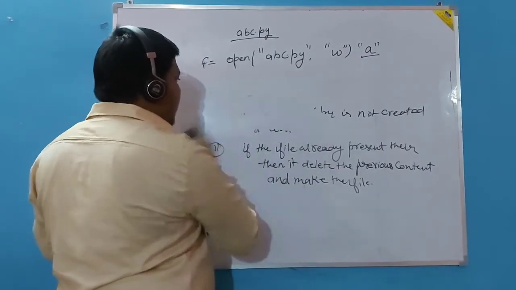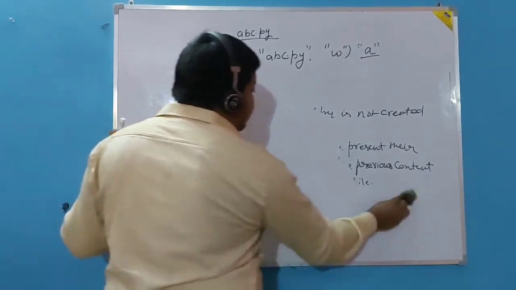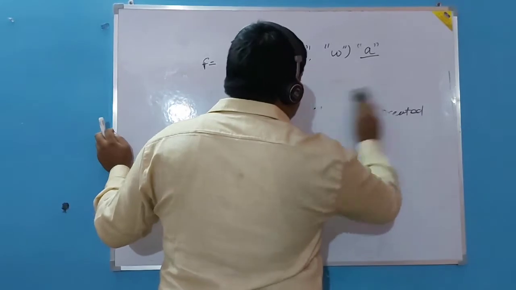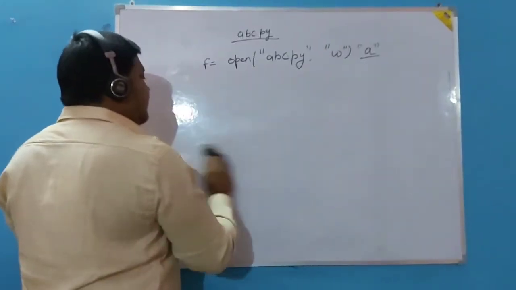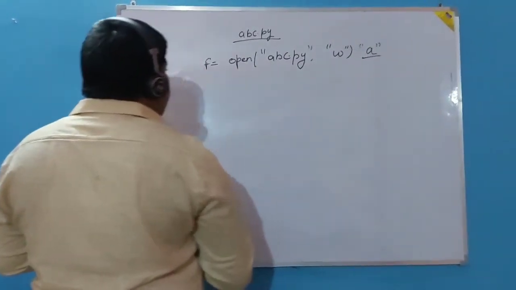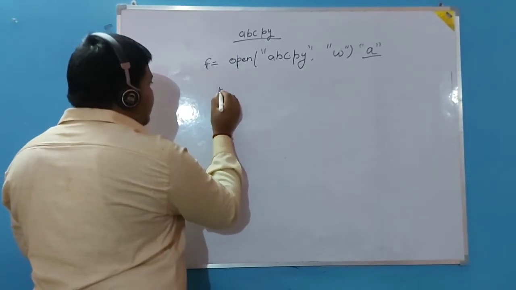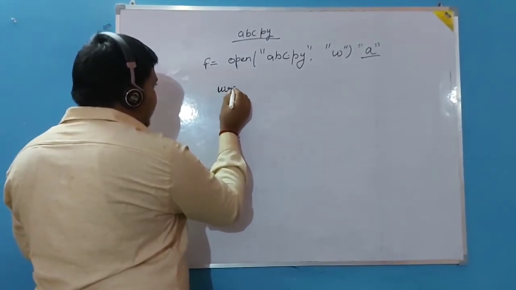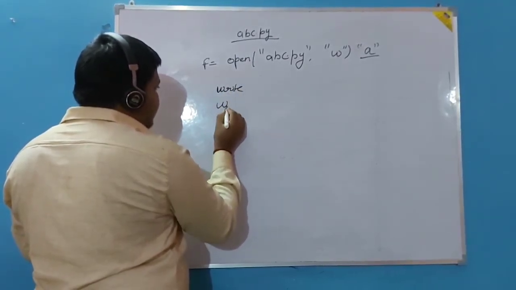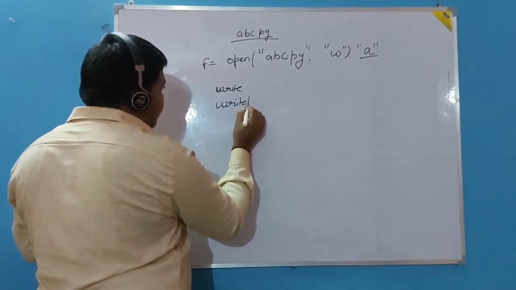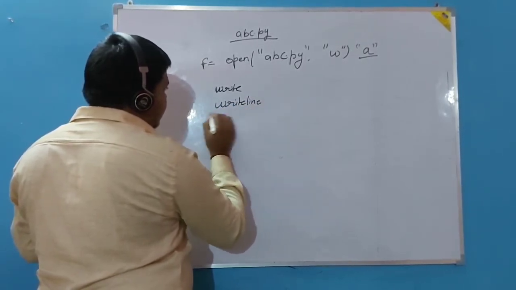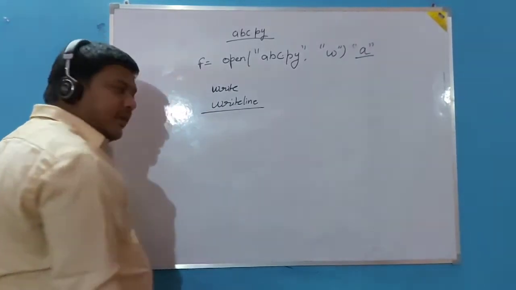Now, in the write mode, to write the data we have two functions. One is write and another is writelines. Clear?